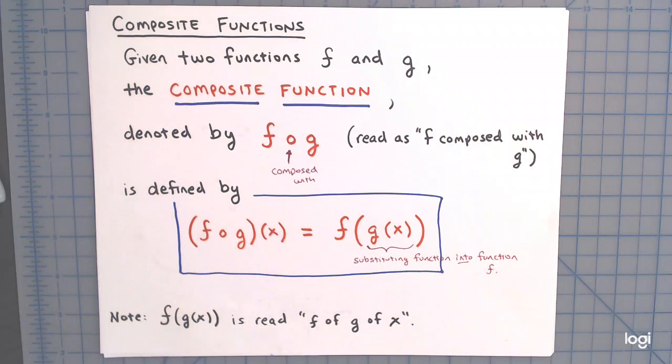Function composition is really just a bunch of substitution. All right, and on the next page, I'm going to show you how we would go about taking a new function like this and evaluating it.